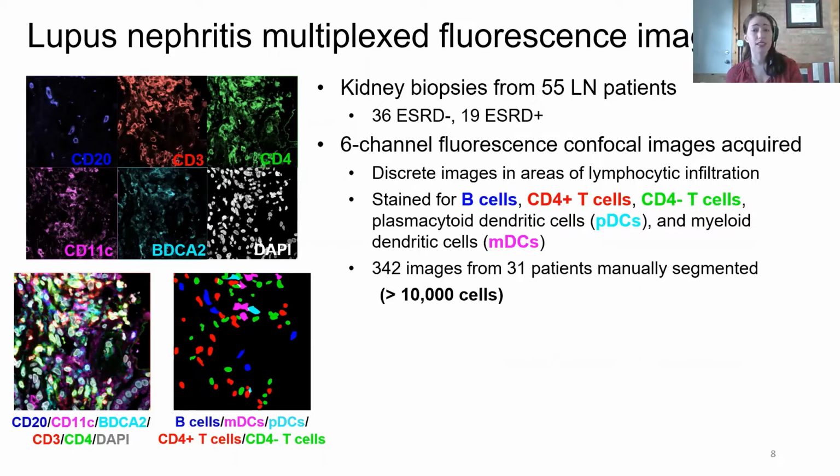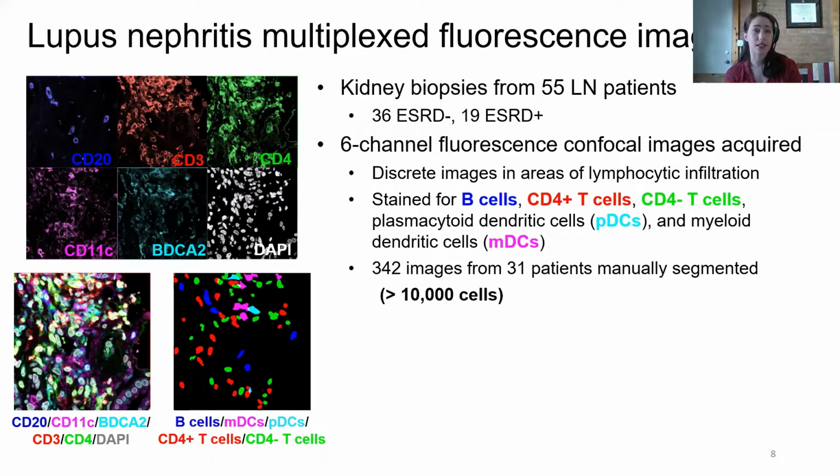We collected discrete image ROIs in regions of lymphocytic infiltration, since we were specifically interested in the role of lymphocytes within these pathologies. We also looked at plasmacytoid dendritic cells, also known as PDCs, myeloid dendritic cells, which I'll refer to as MDCs, and the 3 lymphocyte populations that we were able to probe, given the 6-marker limitation, were B cells, and then 2 categories of T cells.